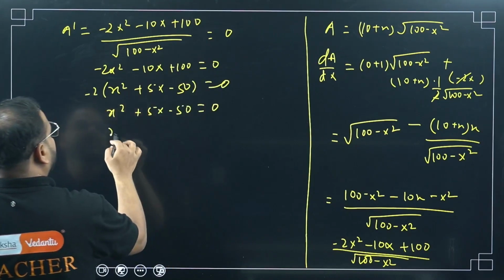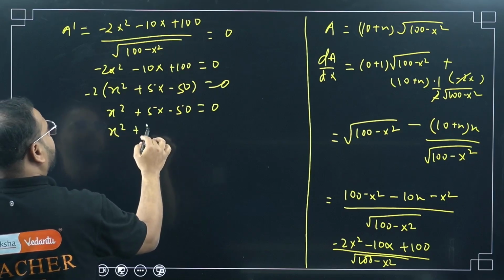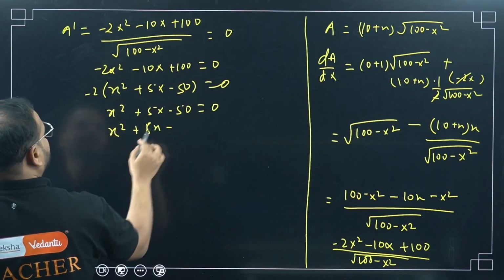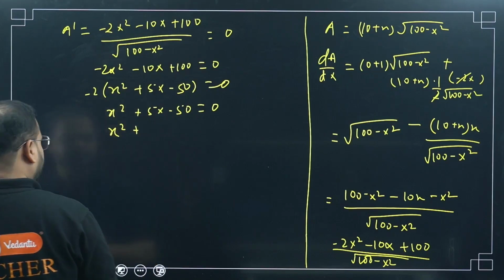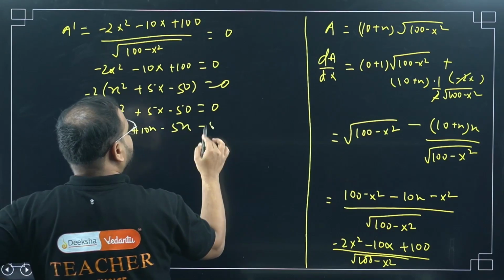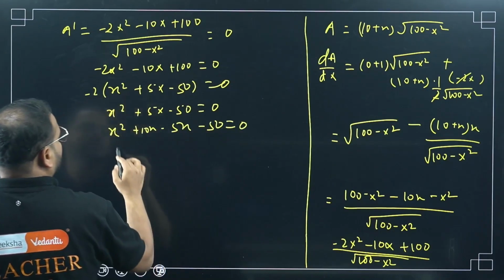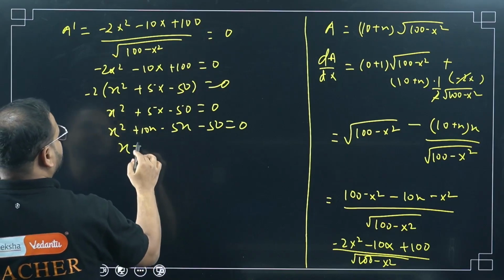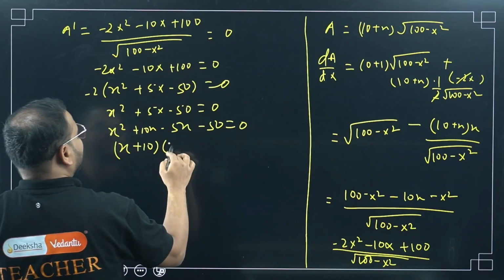What is the condition now? x square plus 10x minus 5x, since 10 times 5 is 50, minus 50 equals 0. What is the condition now? x plus 10 times x minus 5.